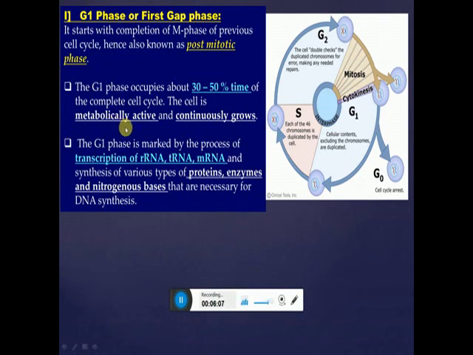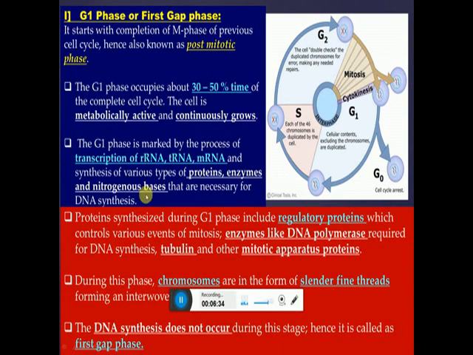The cells are metabolically active and continuously grow. The G1 phase is marked by the process of transcription of rRNA, tRNA and mRNA. So it is a characteristic feature of the G1 phase. There is transcription of ribosomal RNA, transfer RNA and messenger RNA, and synthesis of various types of proteins, enzymes and nitrogenous bases that are necessary for the synthesis of DNA.